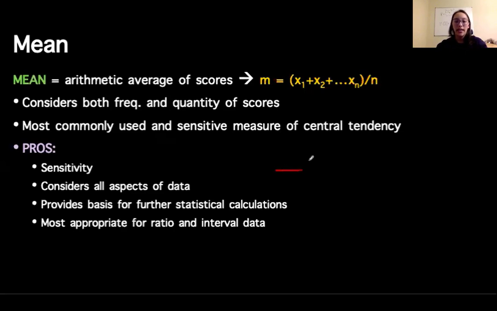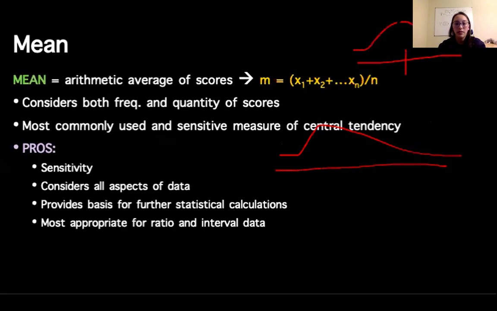So if we had a distribution that was skewed, right? I keep drawing the tail to the right, but the tail could be at the left as well. If we think of a perfectly normal distribution, the mean should be right in the middle, at the peak, okay?